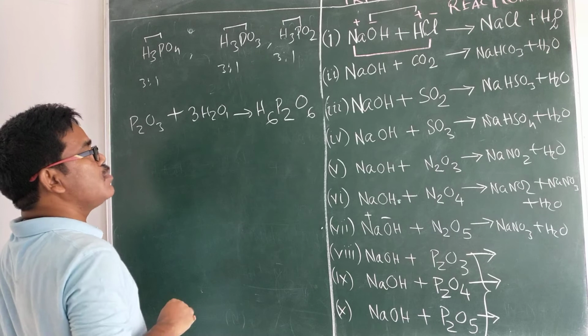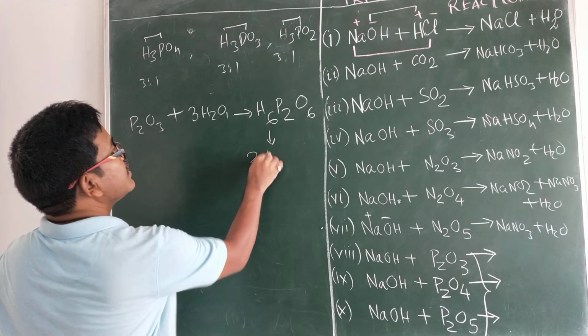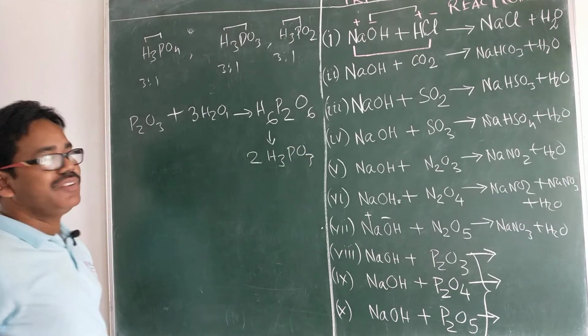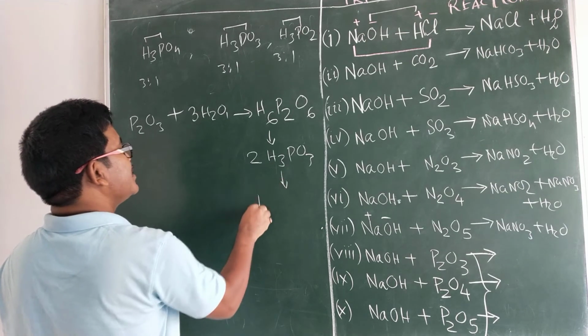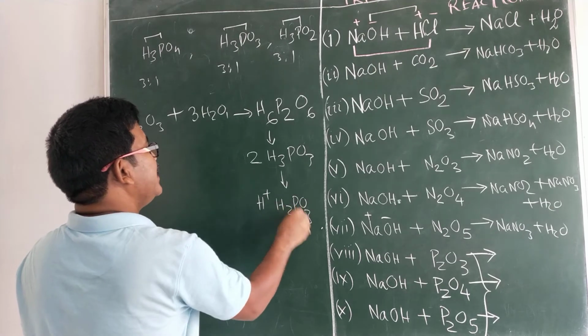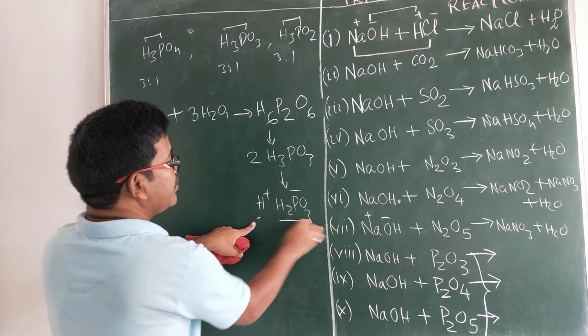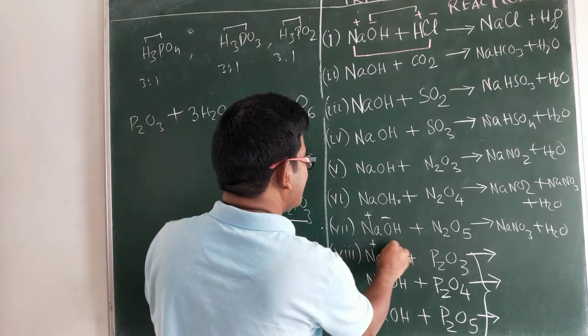Here 2 is a common factor, so I can write this as twice H3PO3. This H3PO3 can be written as H plus and H2PO3 minus. Now we have the ionic form, one positive, the other negative.